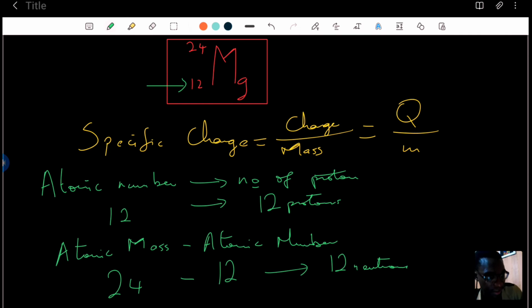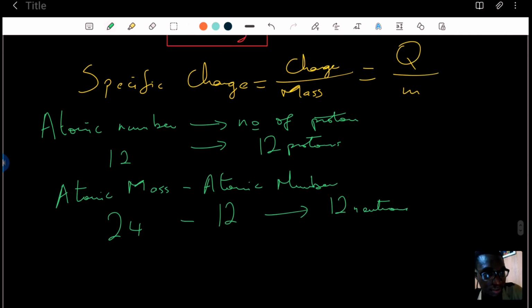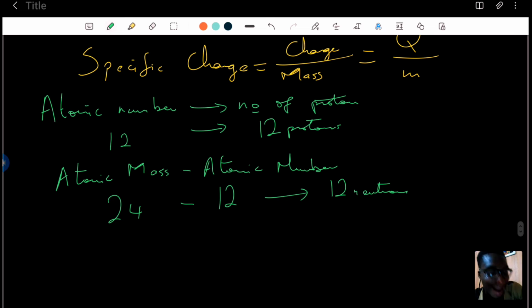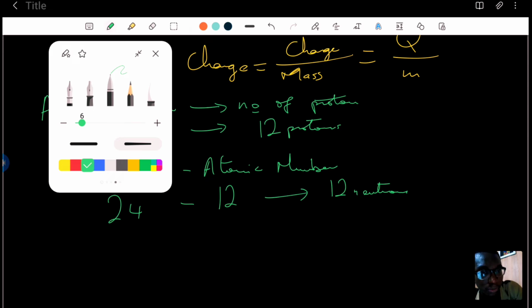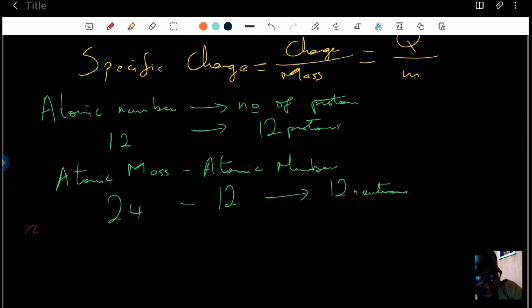The next thing is to calculate the total mass. What equation is applicable to that?